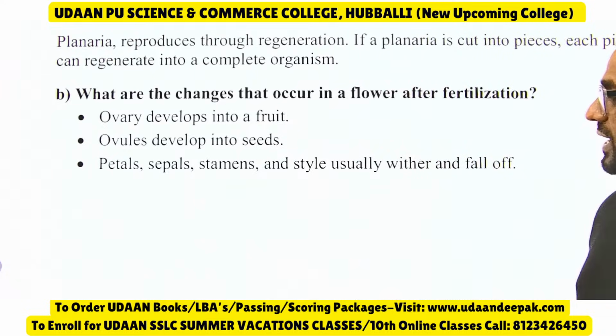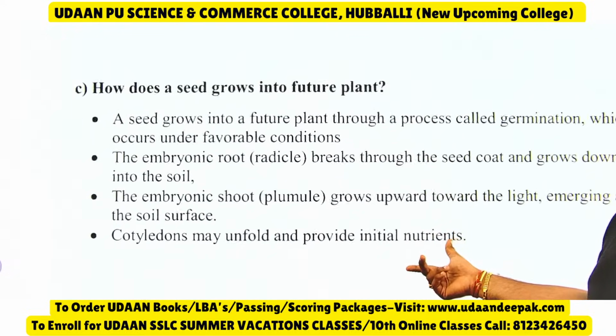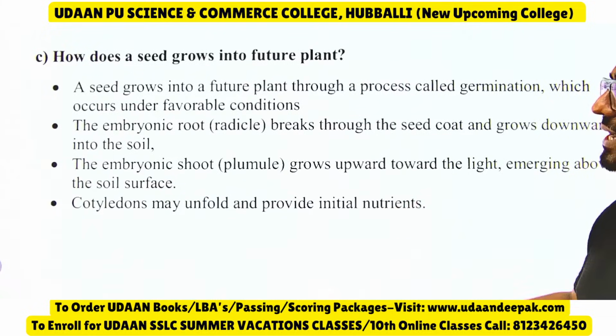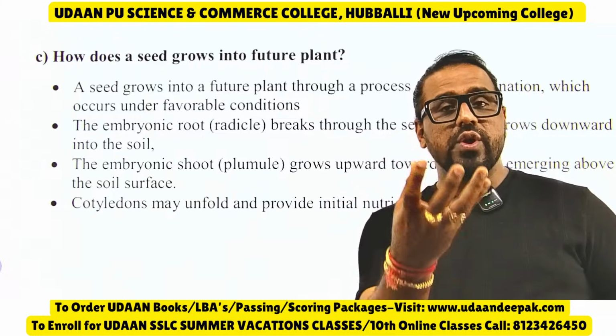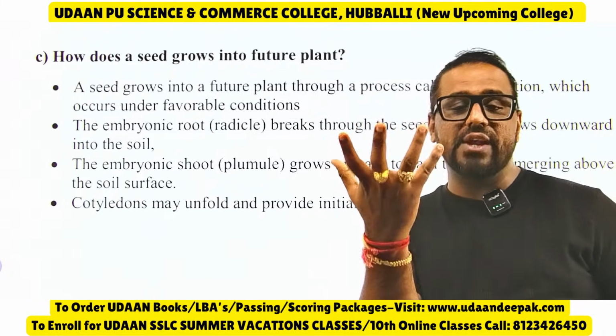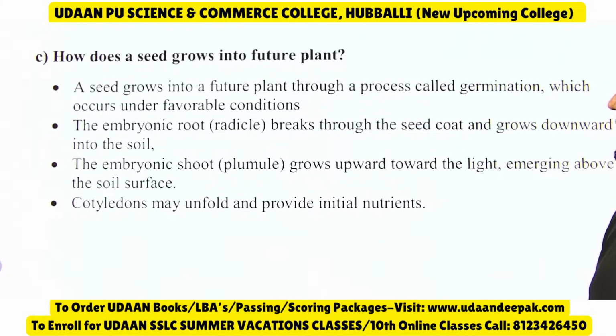Okay, then how does the seed grow into a future plant? A seed grows into a future plant through a process called germination. Germination means the process of the seed growing into a new plant. Germination occurs under favorable conditions.